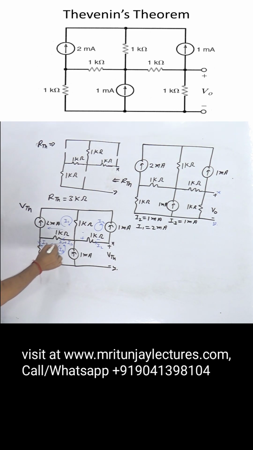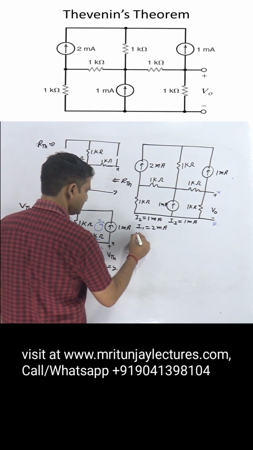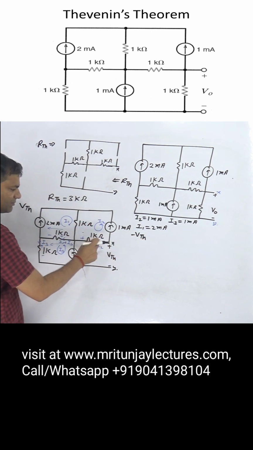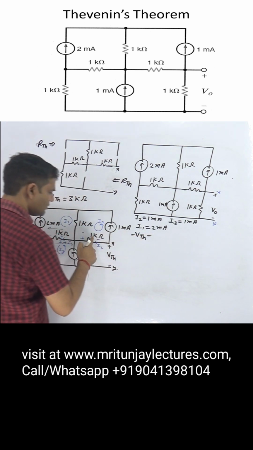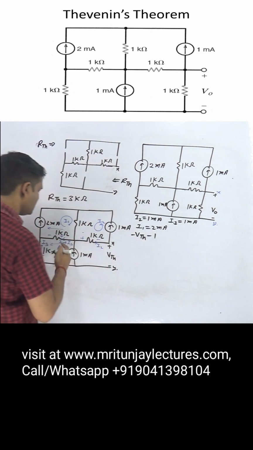Apply KVL in this loop: minus to plus, minus VTH. Direction of current here minus to plus, minus 1 into I2. I2 is 1, so 1 volt.